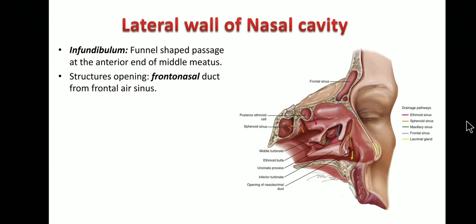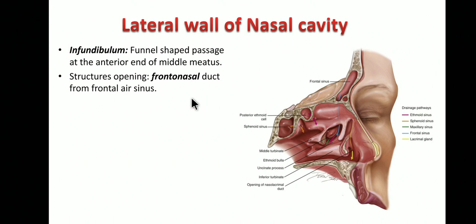So mainly your middle meatus has a lot of openings. The bulla ethmoidalis has the opening of the middle ethmoidal sinus. The hiatus semilunaris has the opening of your anterior ethmoidal sinus and the maxillary air sinus. The anterior part of the hiatus semilunaris continues as the infundibulum, which receives the opening of the frontonasal duct, which is the draining passage for the frontal air sinus.